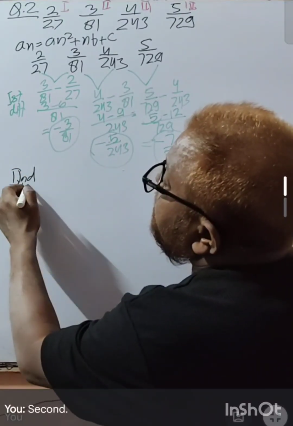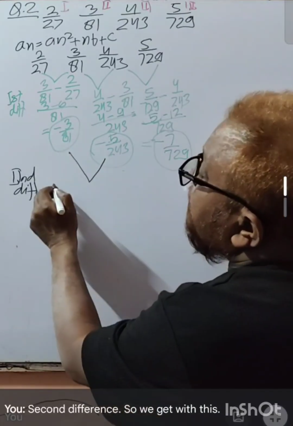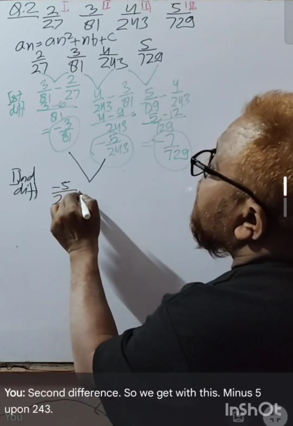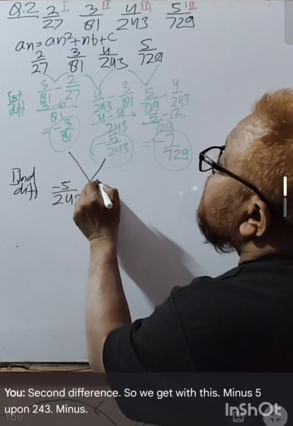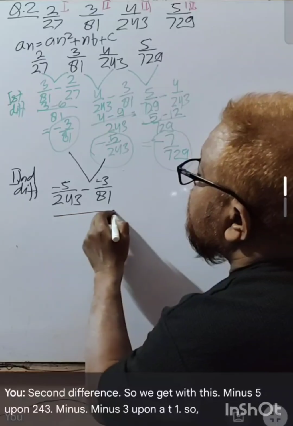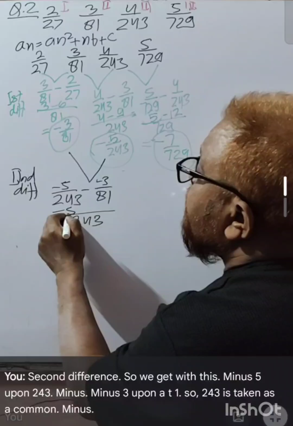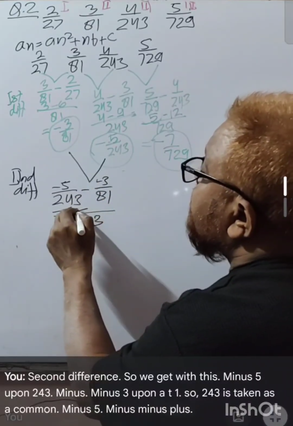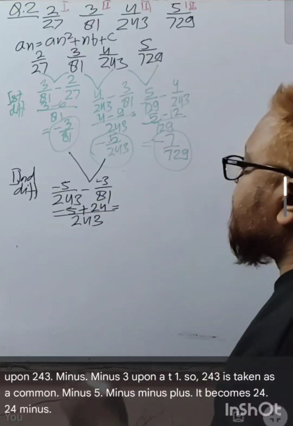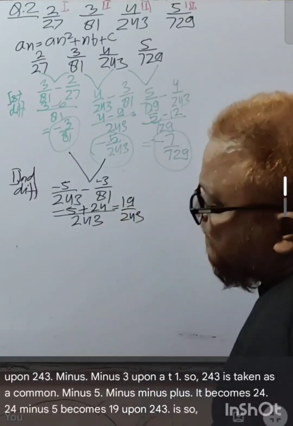Now we go for the second difference. We get minus 5 upon 243 minus 3 upon 81. So 243 is taken as common, minus 5 minus minus plus, it becomes 24. 24 minus 5 becomes 19 upon 243.